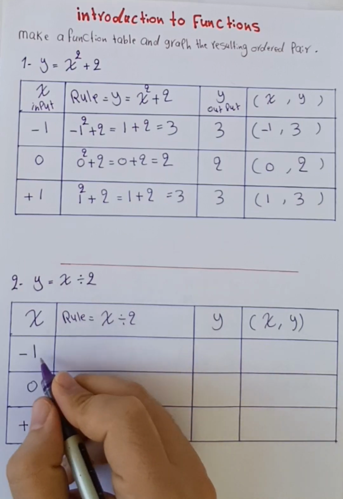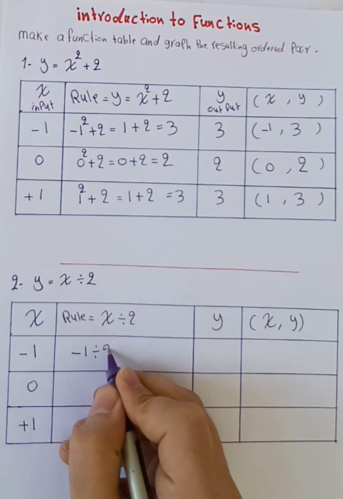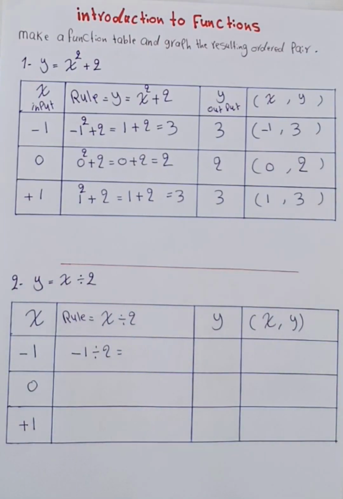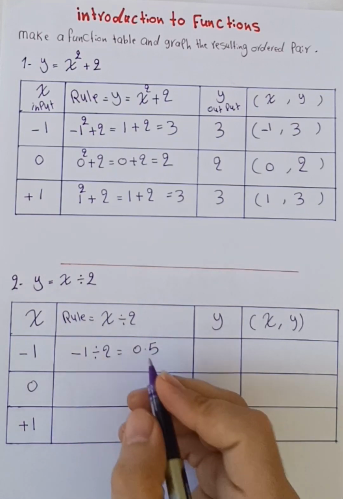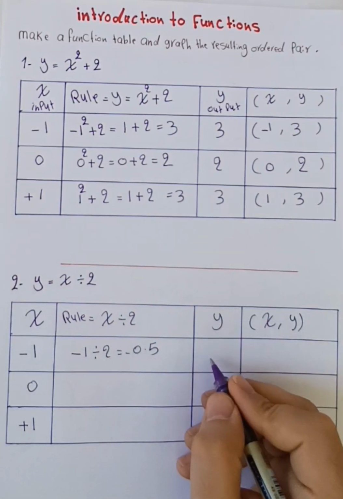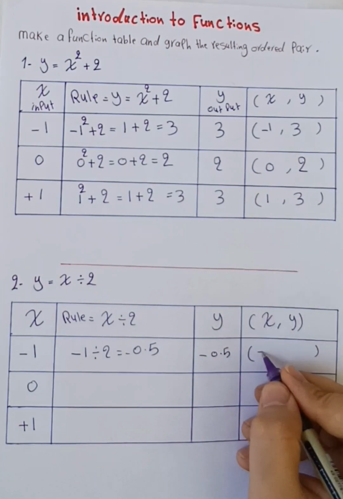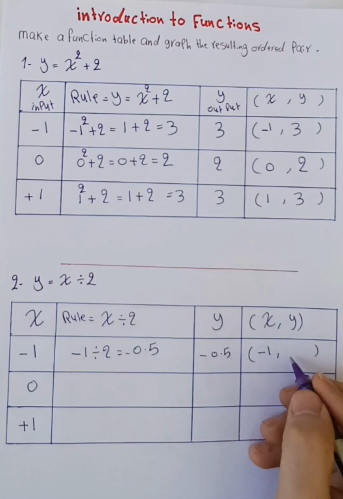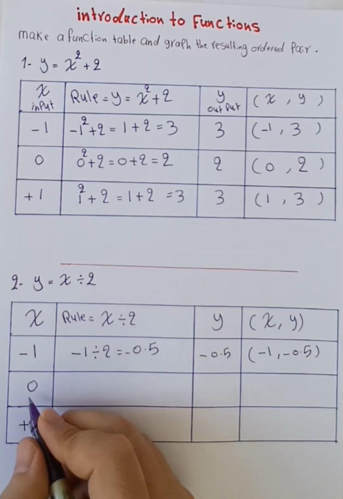So the rule is x is -1 divided by 2. -1 divided by 2 equal to 0.5. Minus times plus is minus. So y is -0.5, and the ordered pair x is -1, y is -0.5. The second point is 0.